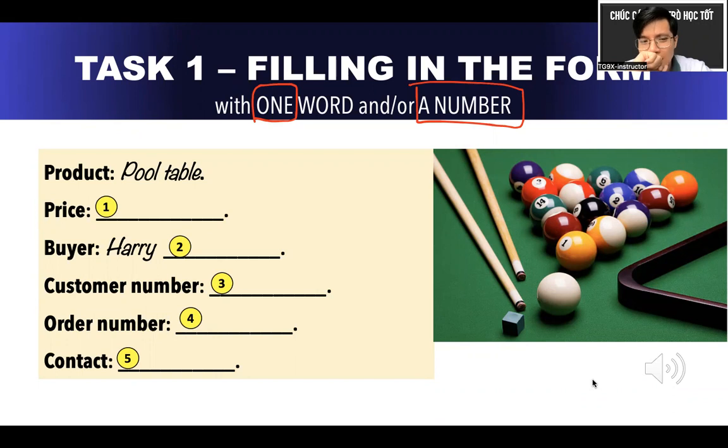Okay. 45993. Yeah. Number 4, order number. GH12338. Yeah. And number 5. 28841.